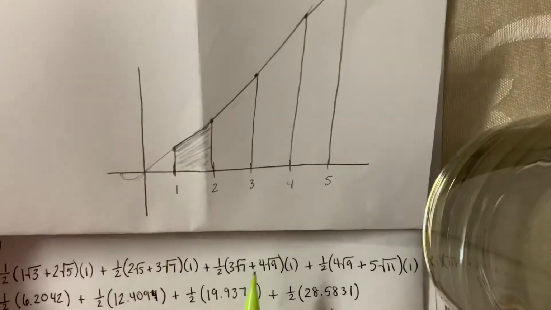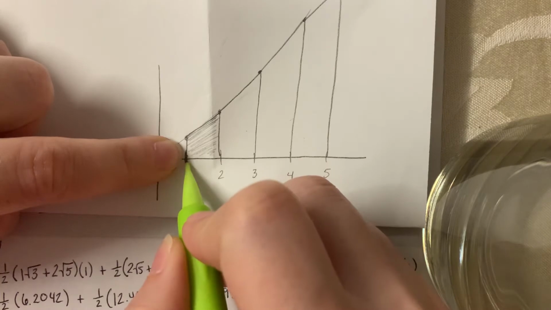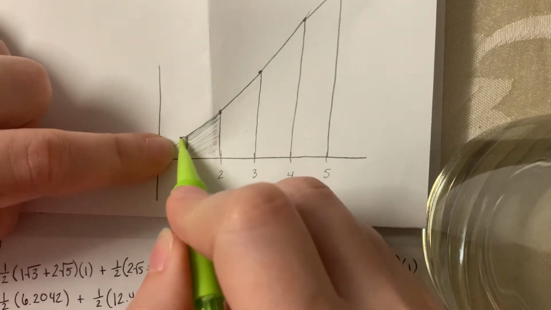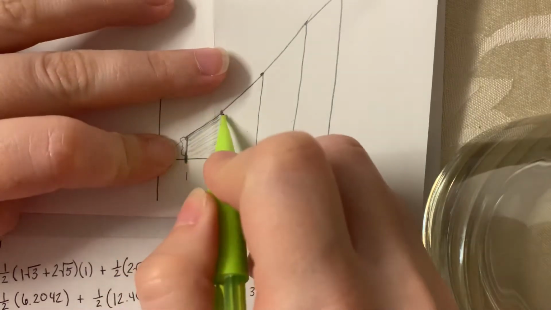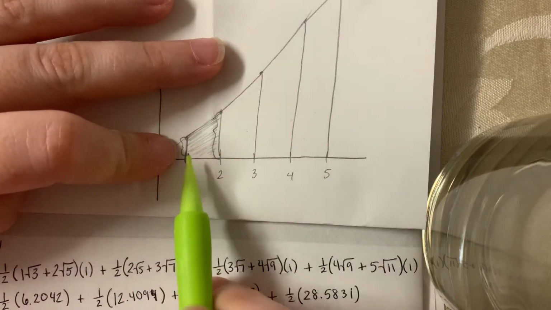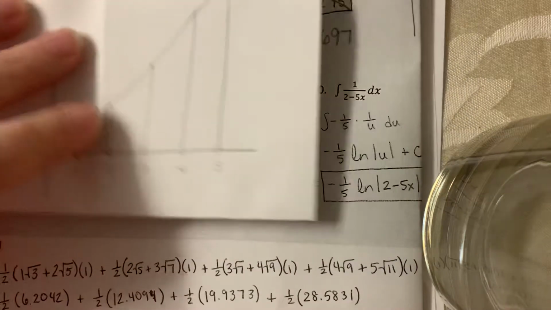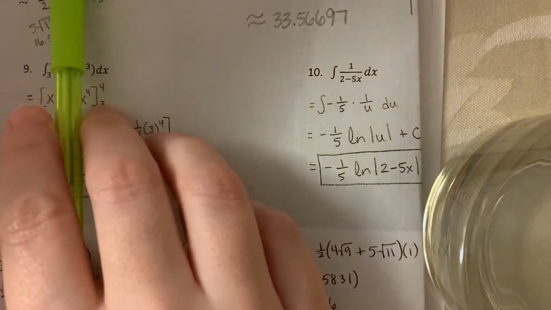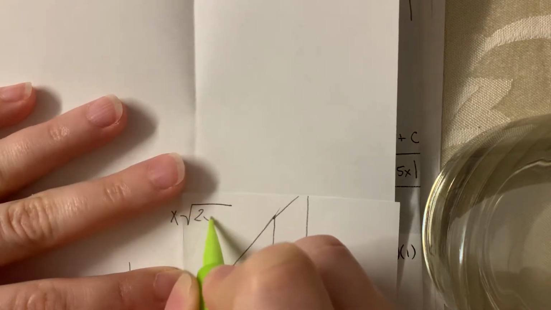So if you look at your first point here, if you look at what the y value of that would be, that's your base 1, and the y value of this one would be your base 2. So if you plug 1 into the function, it was x square root of 2x plus 1.